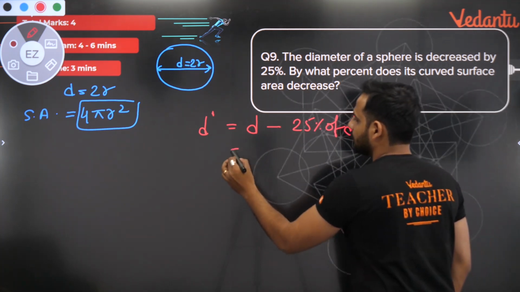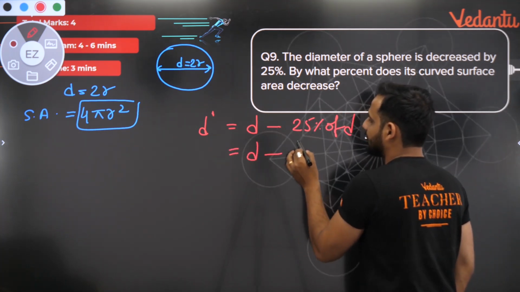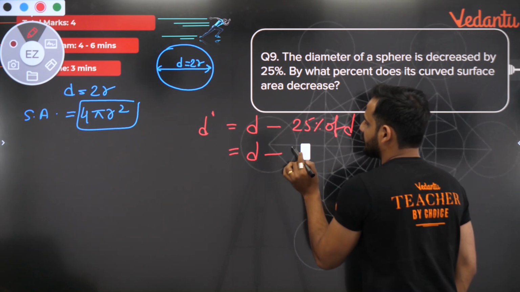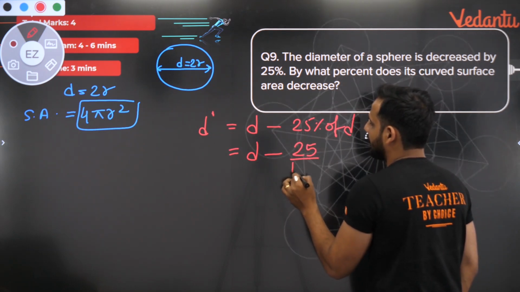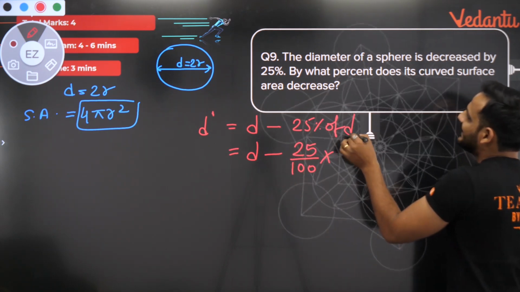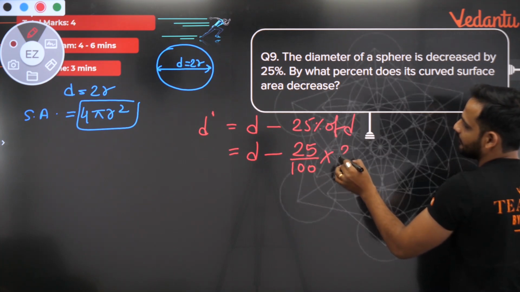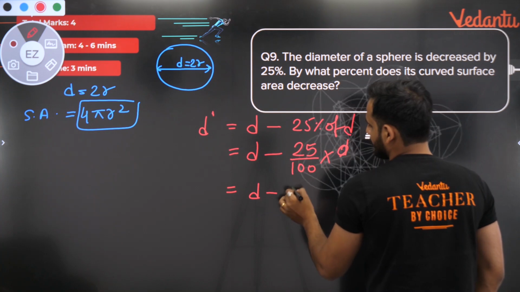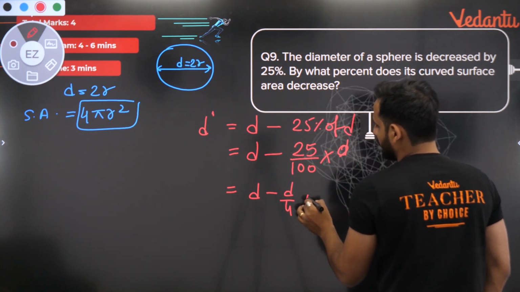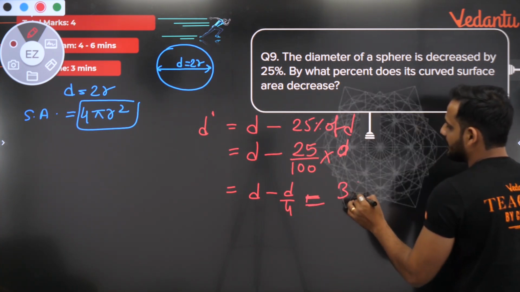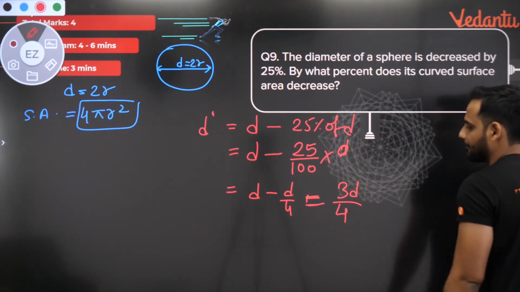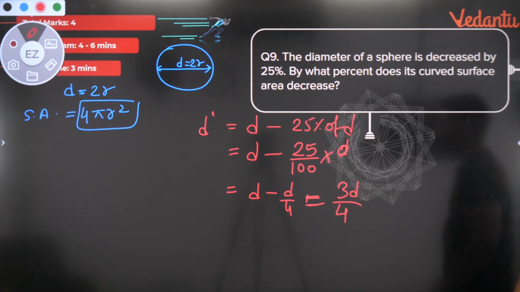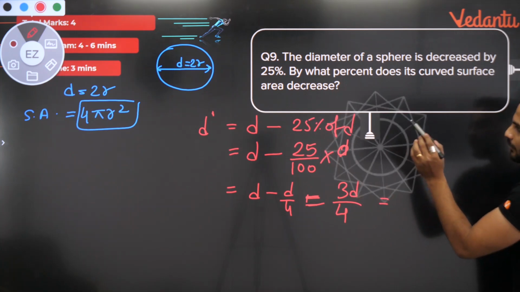So now I can say the new diameter will be equal to the original diameter minus 25% of the original. Correct? Which is equal to d minus 25 by 100 of d. What is the original d? We have taken it as d only. So it will become d minus d by 4, which is equal to 3d by 4. Now d is equal to 2r.